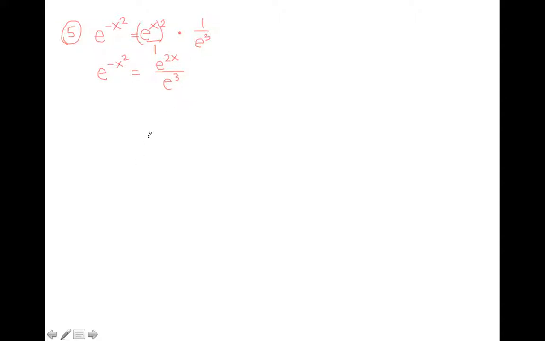So I've got it as one fraction now. Okay, keep going, thinking exponent rules here. When I divide like bases, I'm going to subtract exponents. So keep the base e, and then my exponent will be 2x minus 3. So now on each side I have base e. Okay, following the property from the previous screen, now I can drop the e's and set the exponents equal to each other.